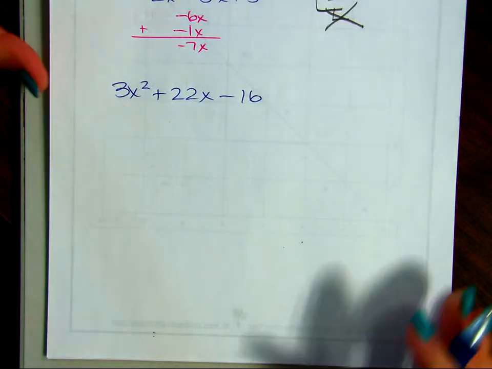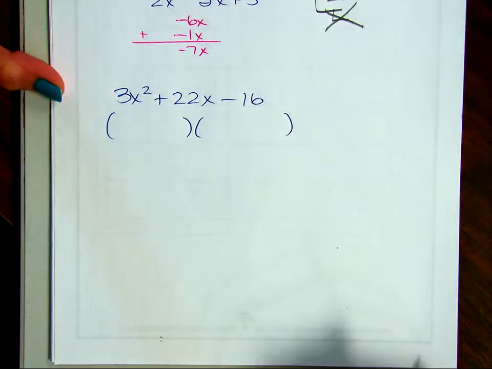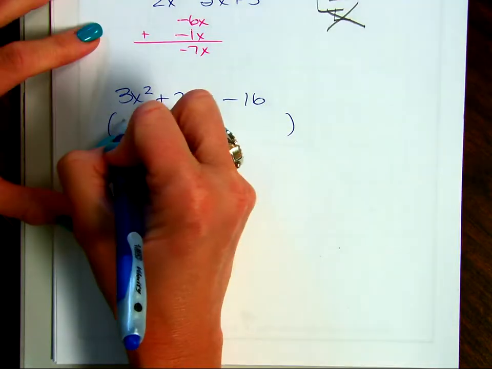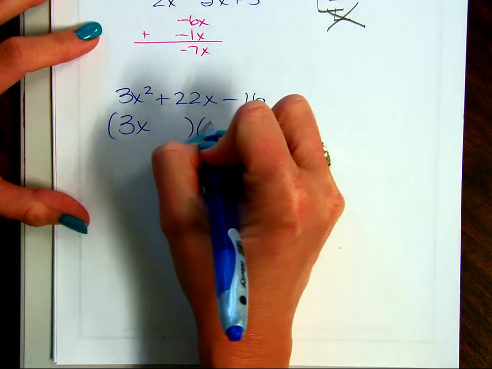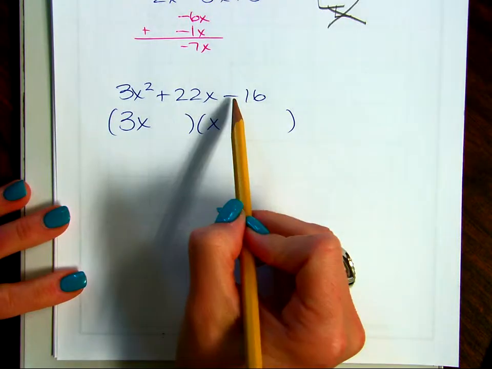Okay, this is really going to give you an idea of, so as I make my parentheses, 3x is prime. There's only one way to get 3x squared, and it's 3x times x. Assuming we're dealing with whole numbers, we're not going to deal with 2 times 1.5. Okay? So now I pick up my pencil, and I see that my product is negative.